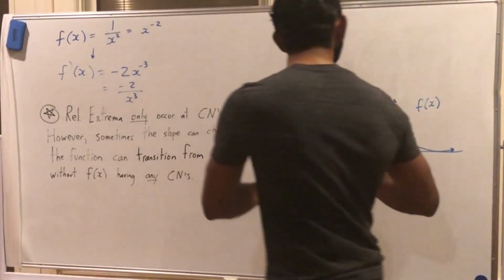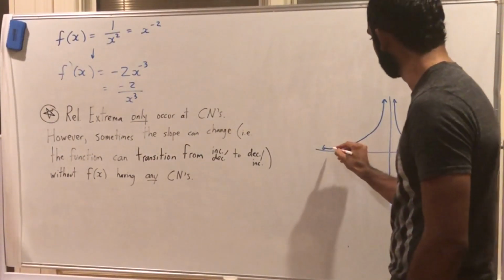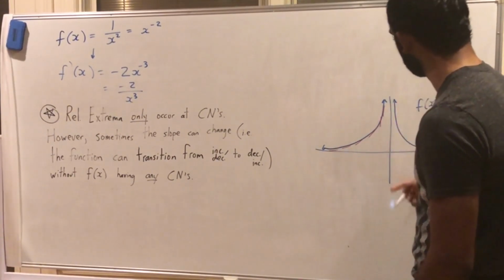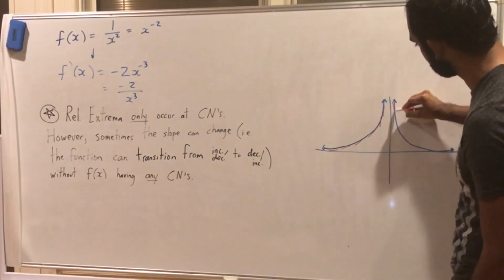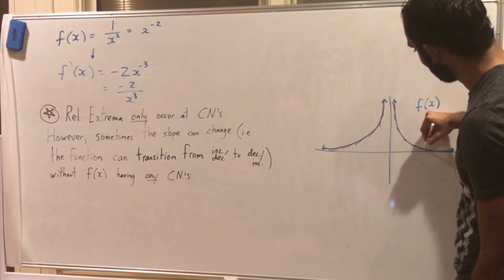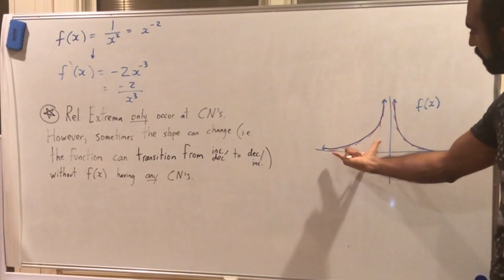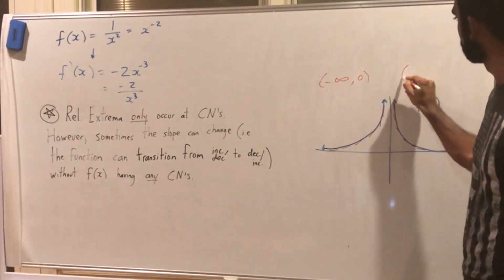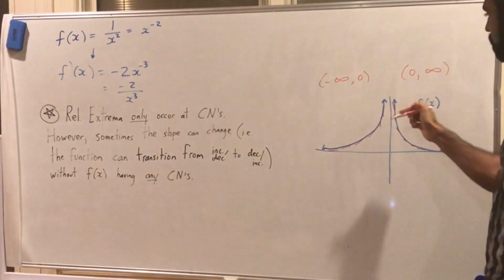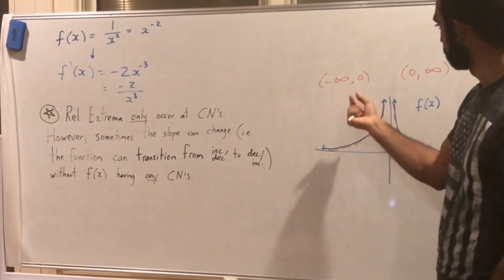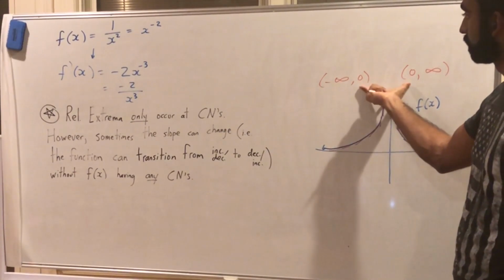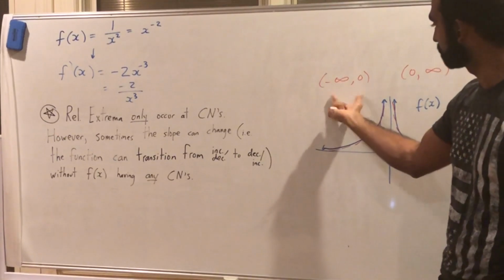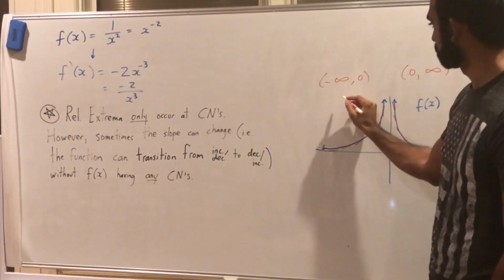But look, clearly, this graph transitions from being positively sloped to being what? Negatively sloped. In short, it is increasing on this interval and decreasing on this interval. So even though 0 is not a critical number, it's an asymptote, and you want to test asymptotes when you're testing for intervals of increase and decrease.